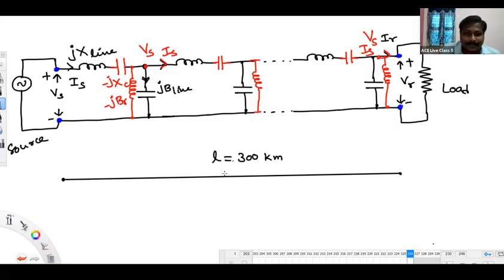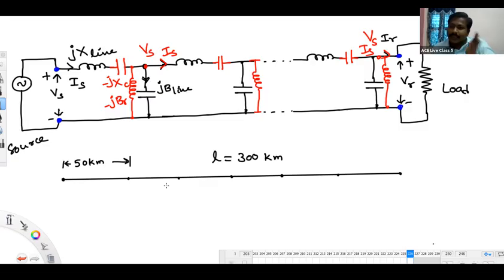Section 1, 2, 3, 4, 5, 6. So each section length is 50 kilometers.